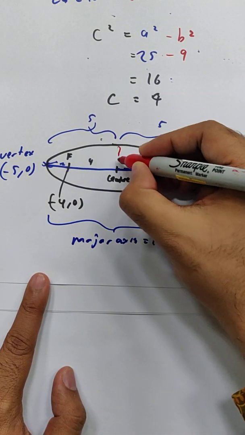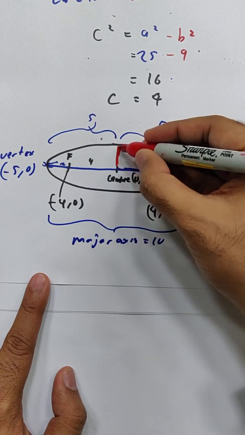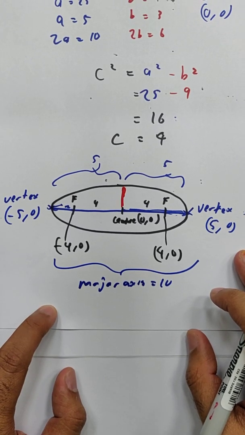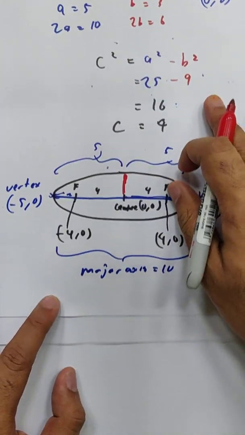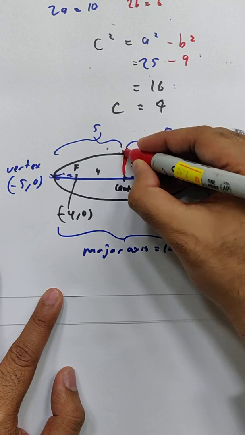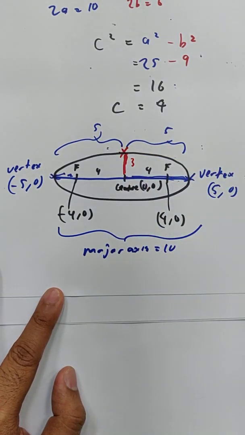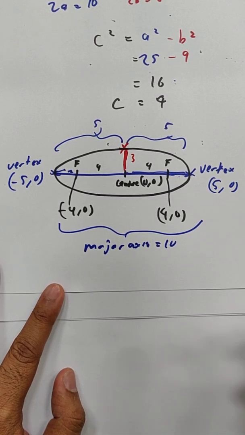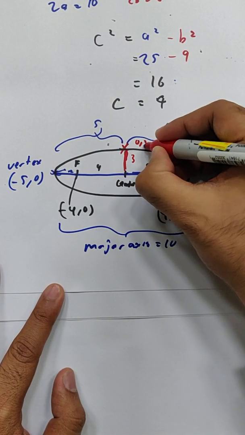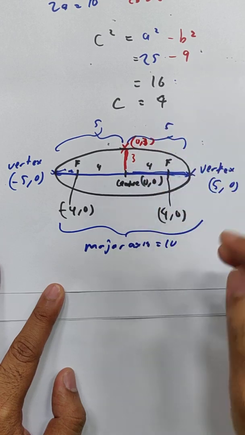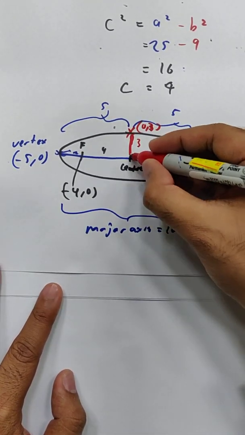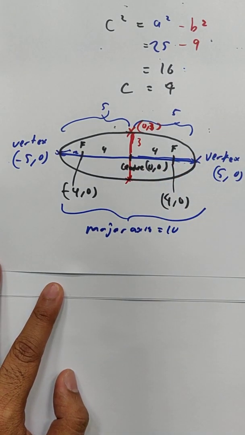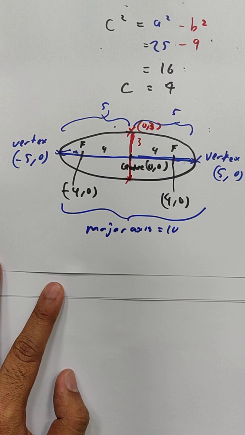Now what about here? What's its length? It's 3. So what's the coordinate here? 0, 3 or 3, 0? 0, 3. Be careful with it. Now what about here? 0, negative 3.